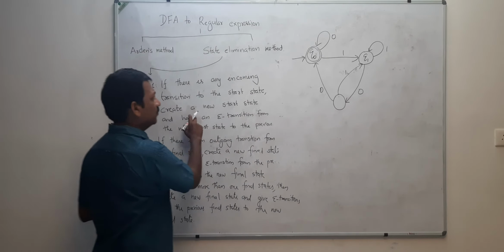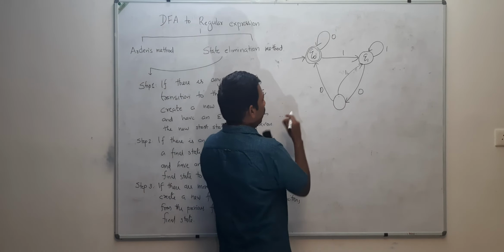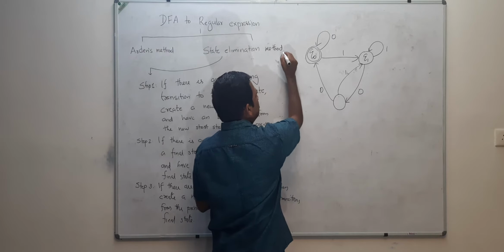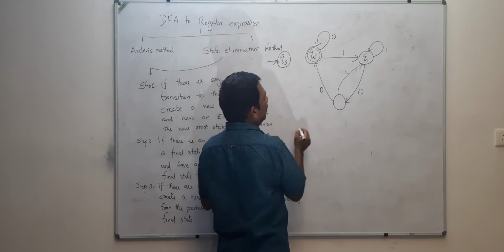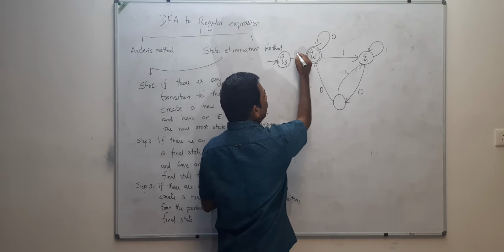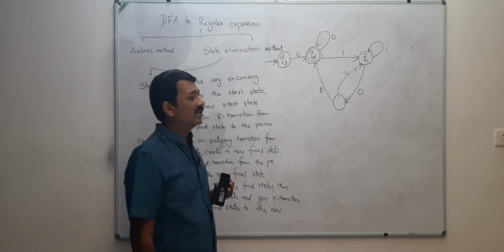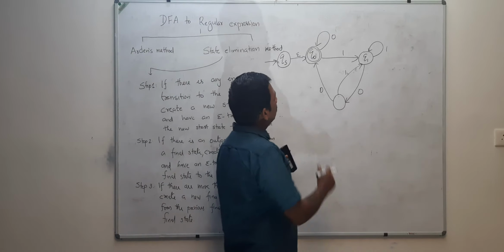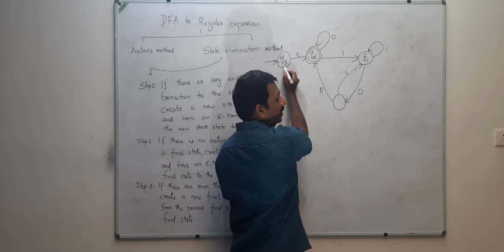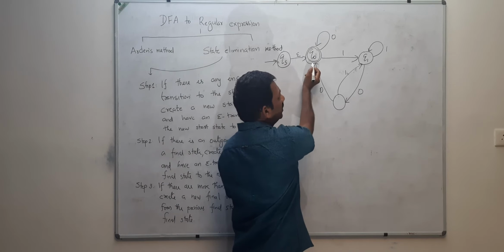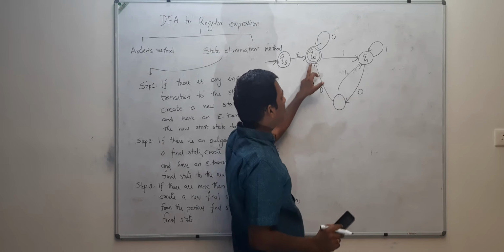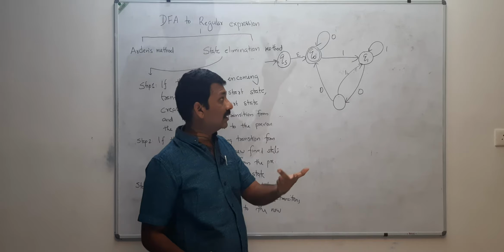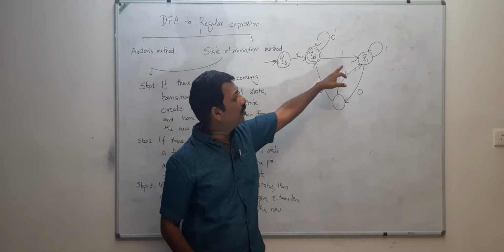So as per our first rule, I am going to create a new start state, say QS, and I am going to have an epsilon transition to Q0. Now this has no incoming transition, but the final state has outgoing transitions.